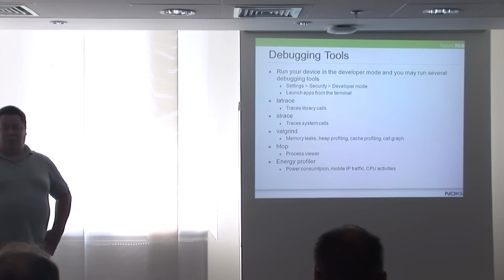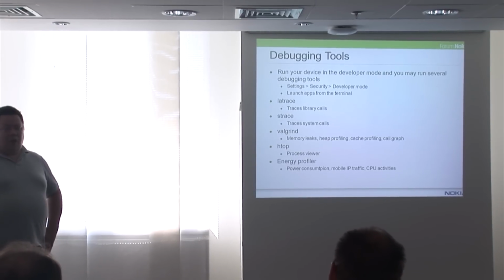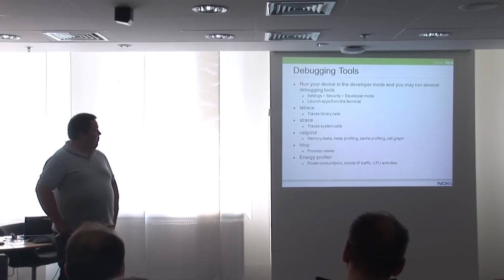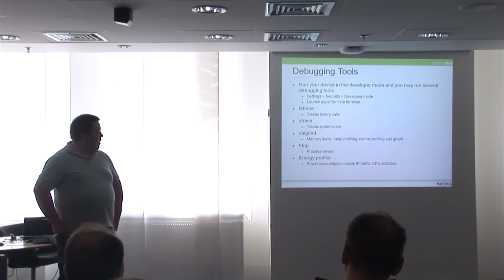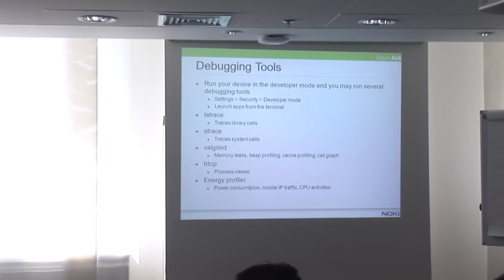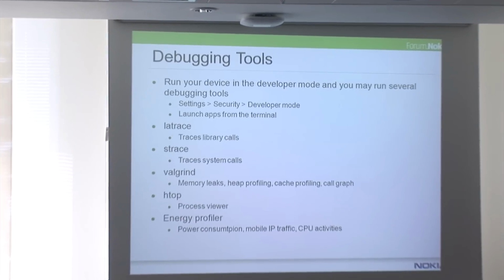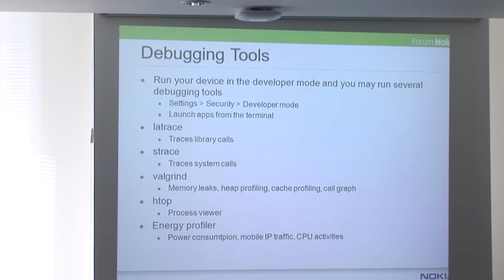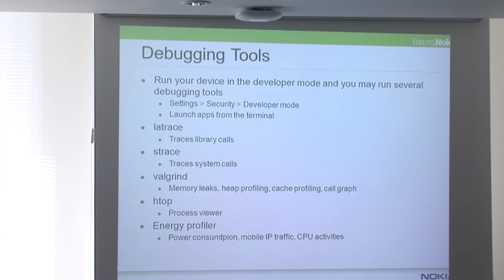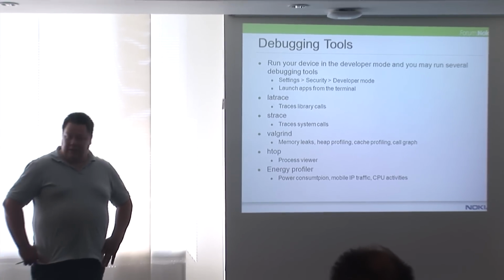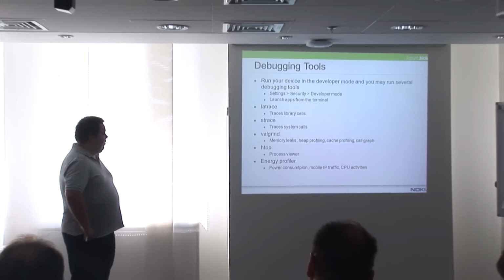Also the cache can be profiled in the same way: how many cache hits, how many cache misses, how many flushes, and so on. And then you can create a call graph so you can profile the whole execution of your program. So this function was executed this many times, this function was never executed. So you can see if there's any obsolete code, or you can try to find bottlenecks in your application.